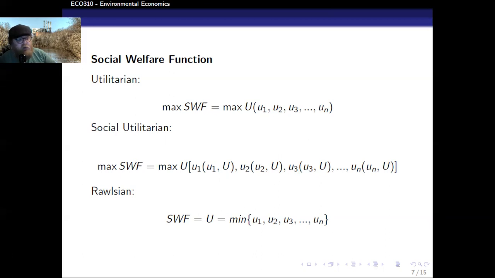The Rawlsian view, which is represented in the third equation, is more of a view of how we should as a society carry ourselves. What it says is that we should base the social welfare, in other words, how we would rate society, on who is the least well off, and we say that's society.